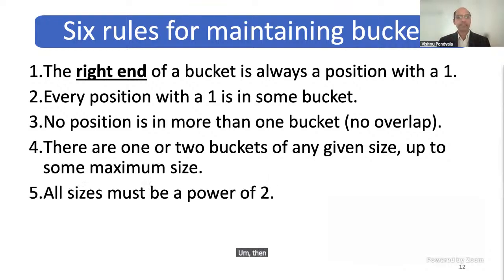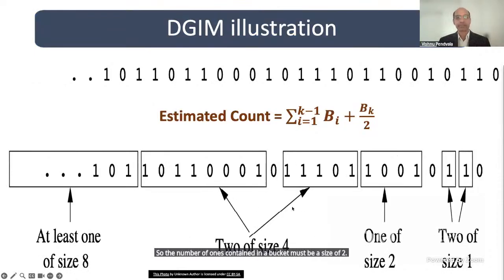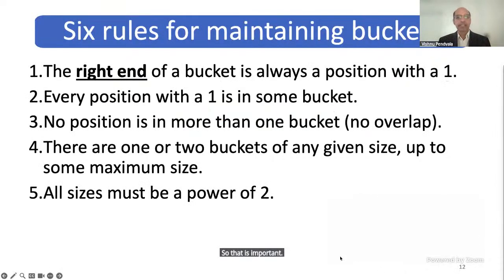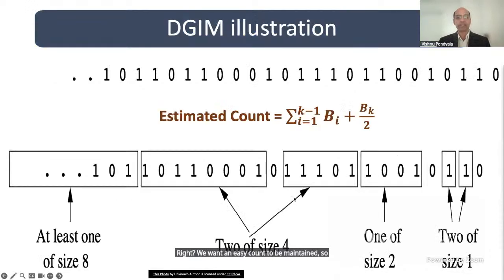Then the fifth rule is all sizes must be a power of 2. So the number of ones contained in a bucket must be a power of 2. So that is important. Otherwise, counting will be difficult, right? We want an easy count to be maintained. So we want to count based on this sum.